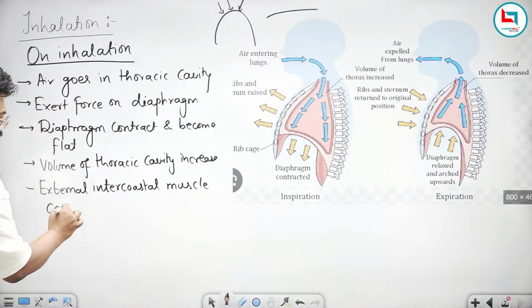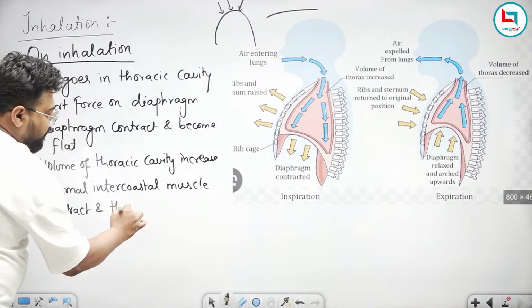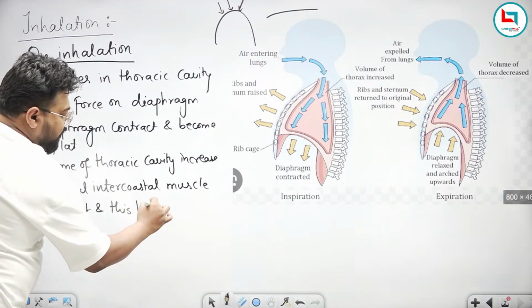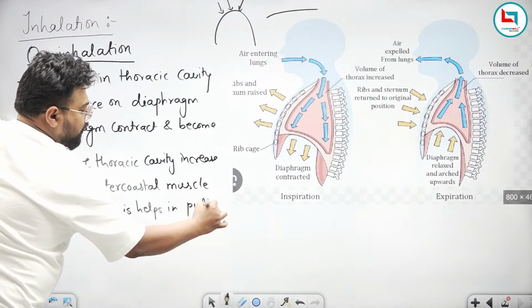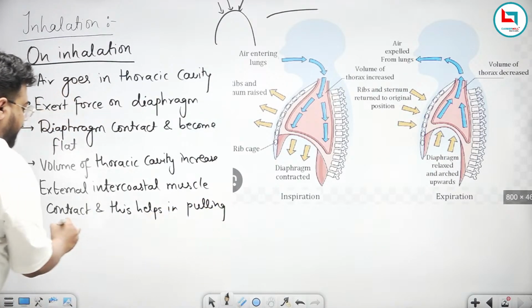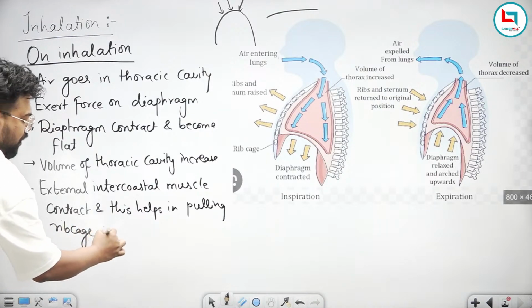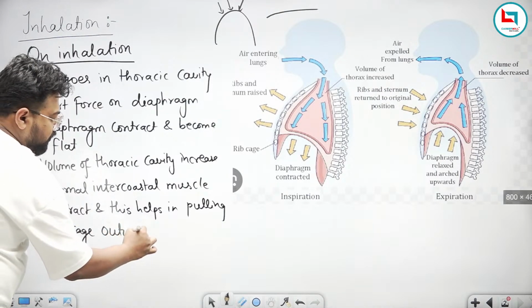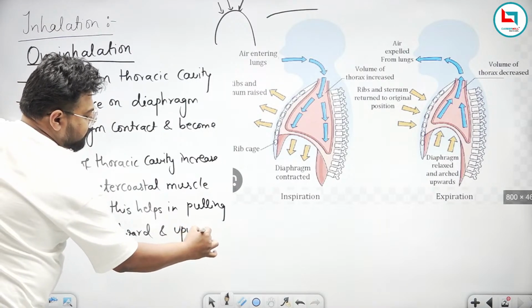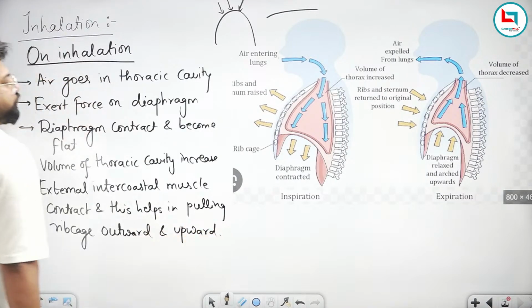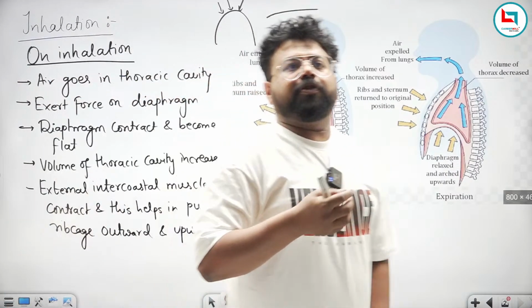So the external intercostal muscles contract, and this helps in pulling the rib cage outward and upward. So there are two things happening during the process of breathing.